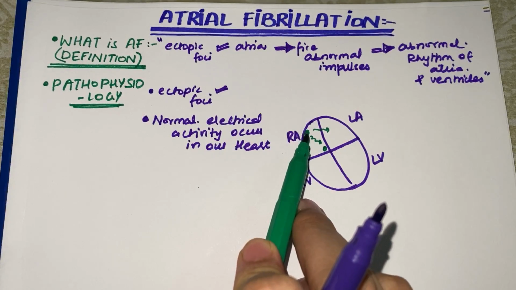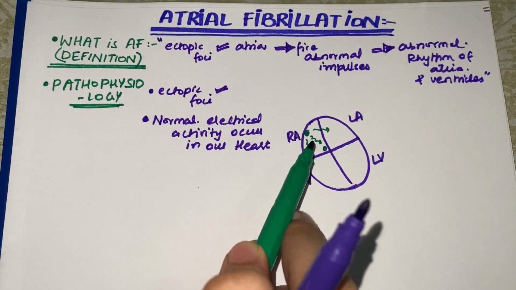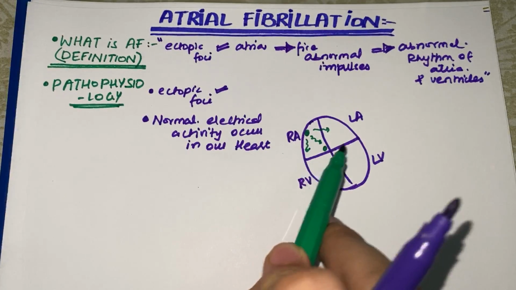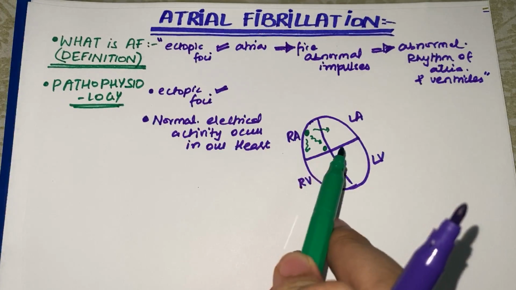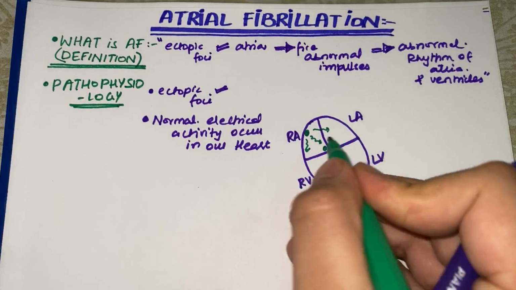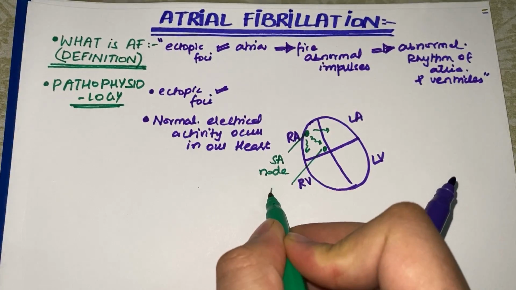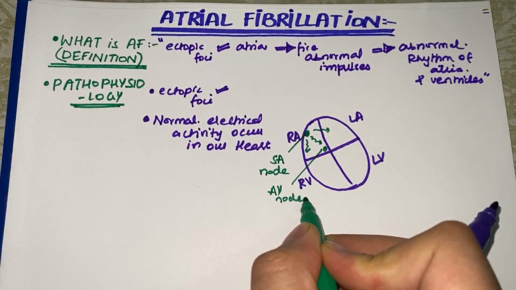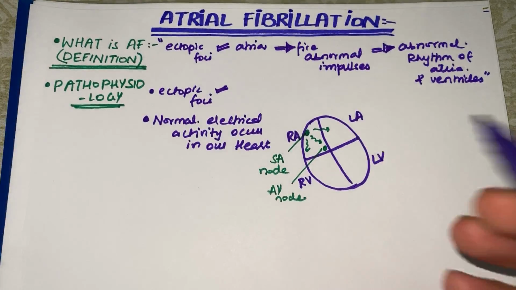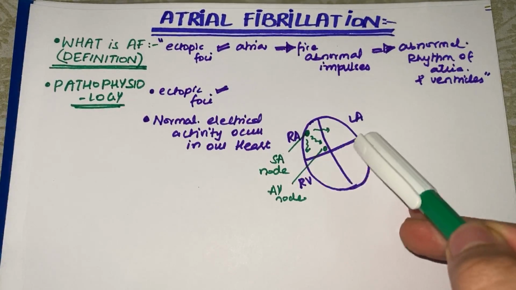The impulses originate from here, and these impulses then move through these pathways to depolarize the whole of the atria, and then impulses are transferred to the AV node. So these impulses move on to the AV node after depolarizing the whole of the atria.